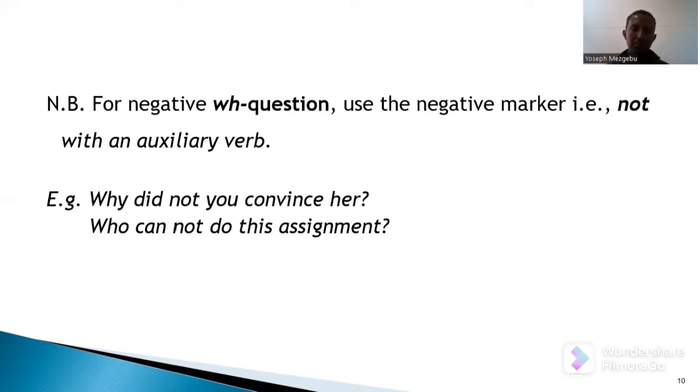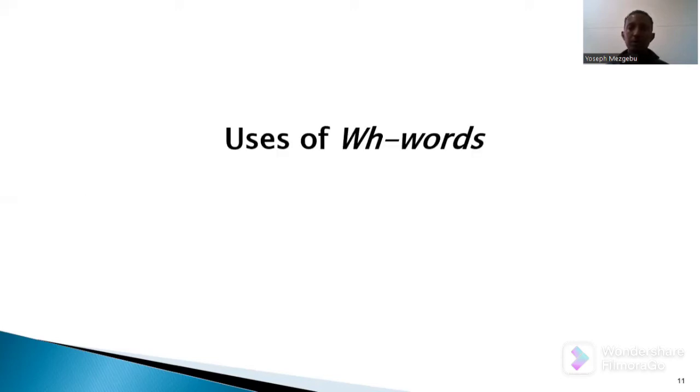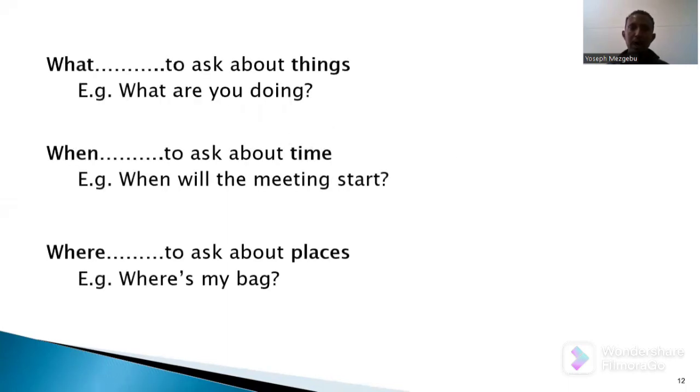Uses of wh words: what, who, whom, when, where. Let's see what they are used for. What is used to ask about things. What are you doing? It refers to things, not a person, not a place, not time. When is used to ask about time.